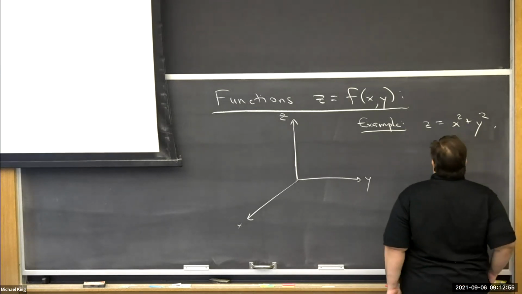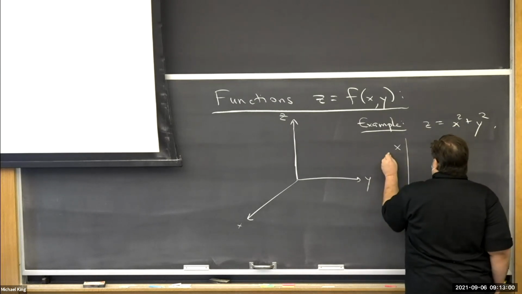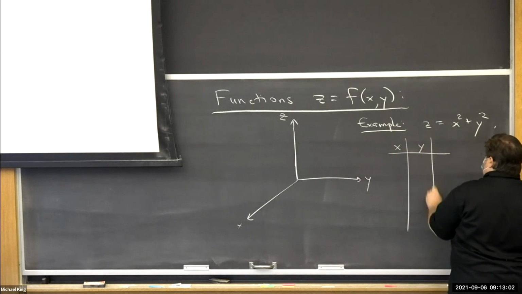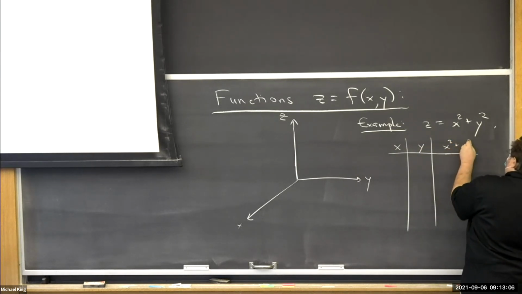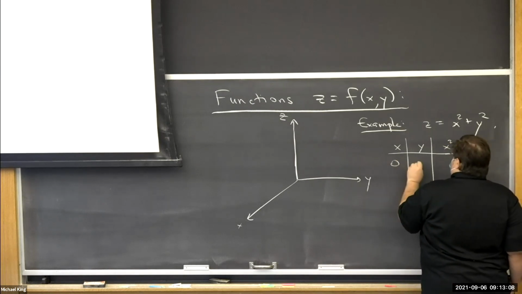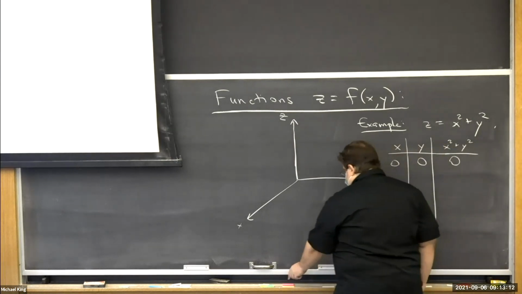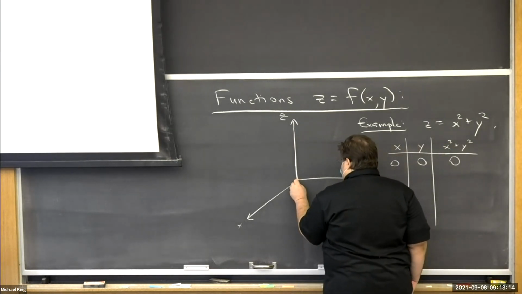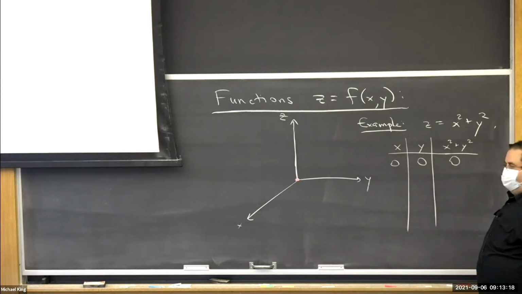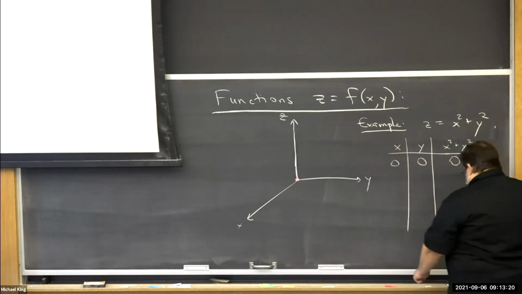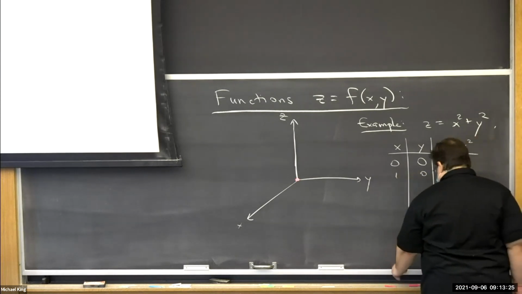So I could choose some values of X and Y, and then actually think about what Z is. So if I do 0 and 0, I get 0, which to some extent means this point is on the graph, right? If I plug in 0, 0, I get 0. If I plug in 1 and 0, I get 1.